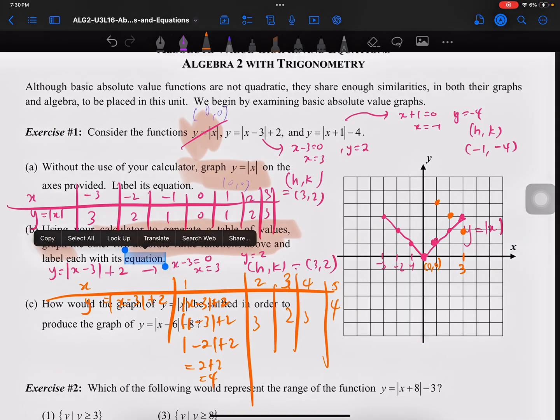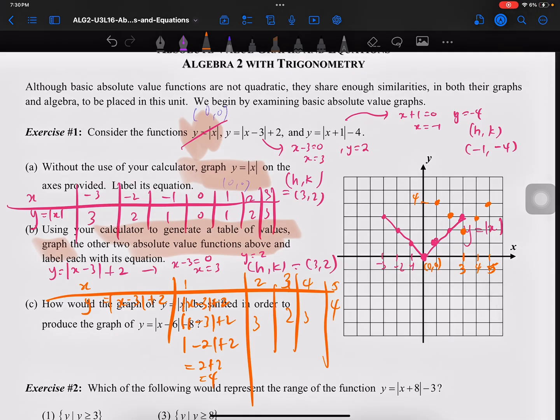3, 2 is our vertex. 4, 3 is here, and 5, 4.